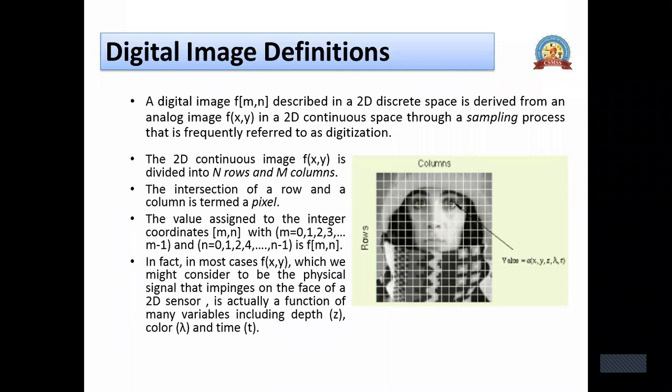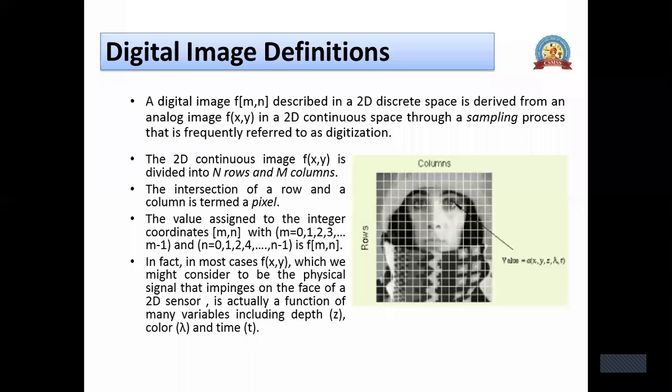And we also assume that each point is a function of intensity, but it is not actually just the intensity. It will be a complicated function of the depth, the color, and also the time.